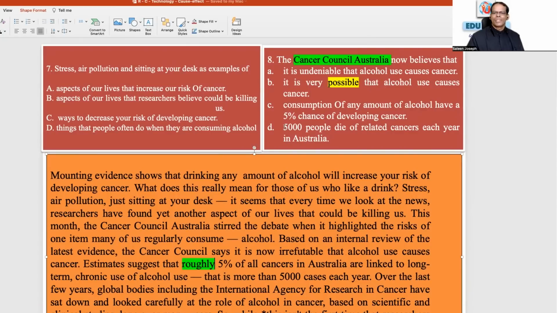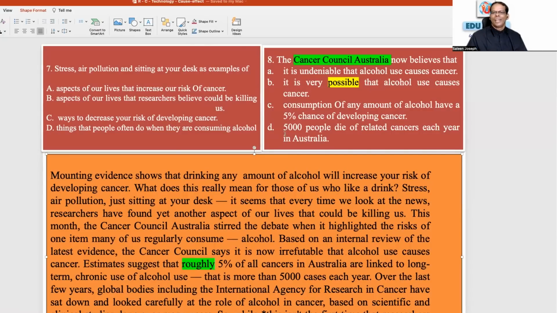So 5% is not roughly 5%; 5% is fixed 5%. Roughly means around, about. The scale expression. Roughly 5 means it can be 4, 5, 6, anything. Whereas the answer statement says I will have a 5% chance, exactly 5%. So the scale will help you to eliminate it.